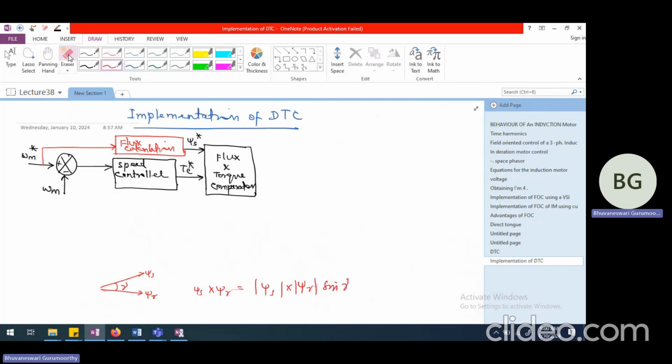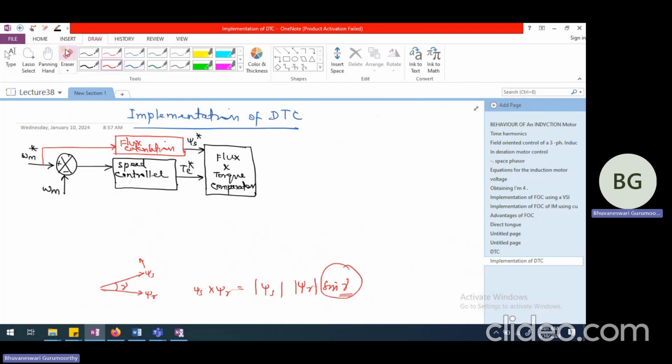This is what gives you the electromagnetic torque. So if I want to adjust the electromagnetic torque alone, I should be able to adjust gamma. For that I have to make the stator flux go forward compared to the rotor side, so gamma will increase and hence the torque will increase.